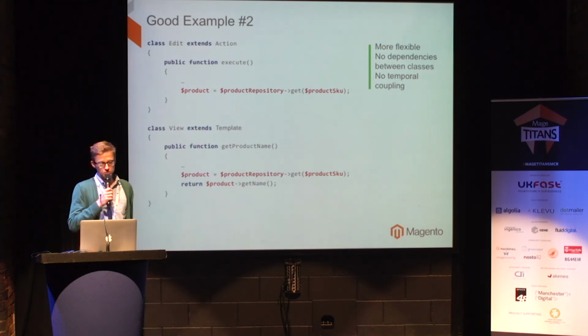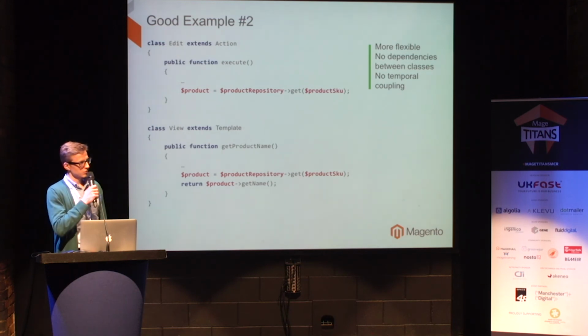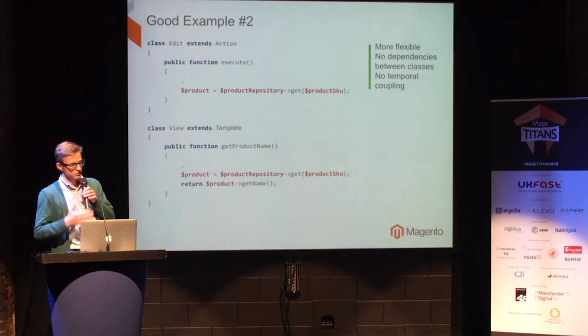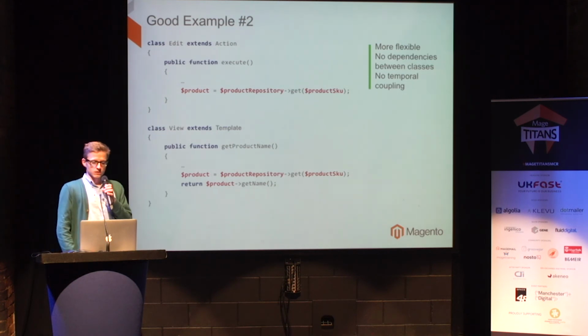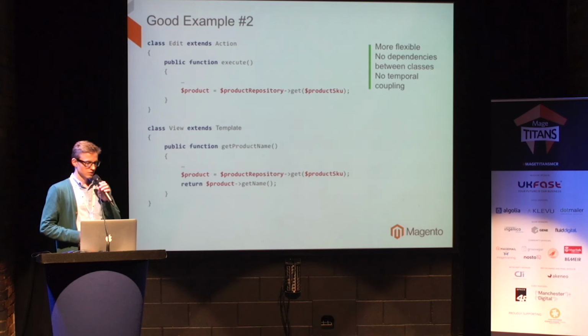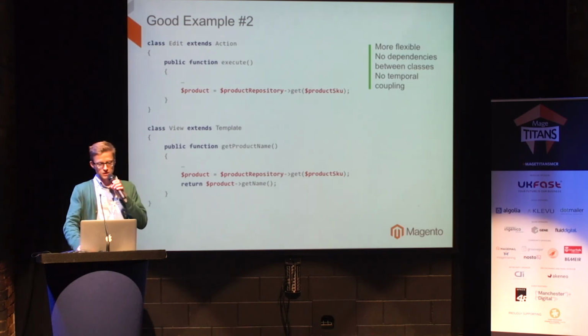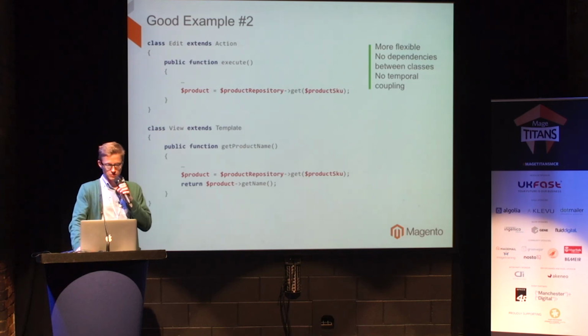We probably would want to add the ability to configure this view with the name of the GET parameter that would contain the SKU, but that's it. This solution is more flexible, with no dependency between classes, and on when these classes will be initialized, and as a result, we don't have temporal coupling.